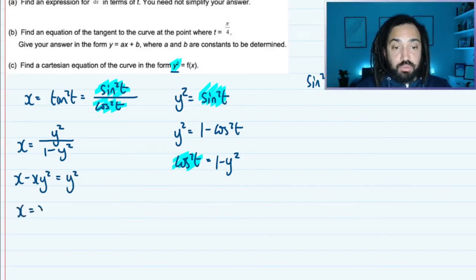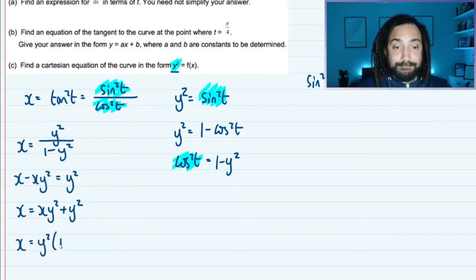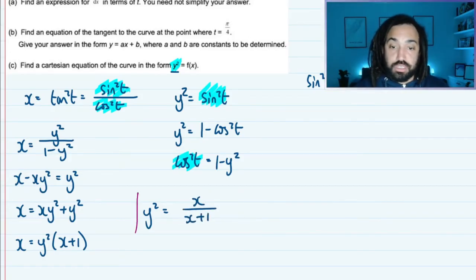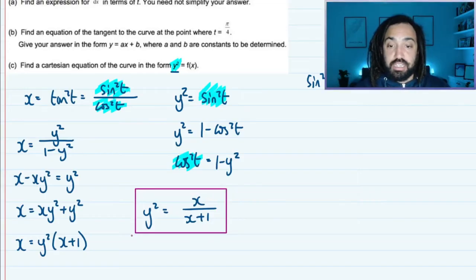I'm going to move all the y squareds over to one side. I'm then going to factorize out the y squared to get x plus 1. And then finally I'm going to divide through by that factor of x plus 1. And we are good to go. Bosh. Okay, lovely. Question 2 done. On to question 3.